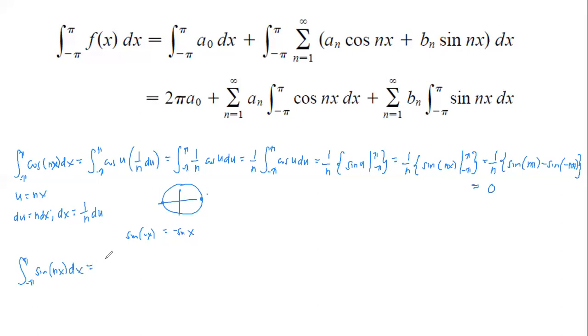Again, dx is 1 over n du. So from negative pi to pi, 1 over n sine u du. Again, we're integrating in terms of this variable u, so we can factor out 1 over n.